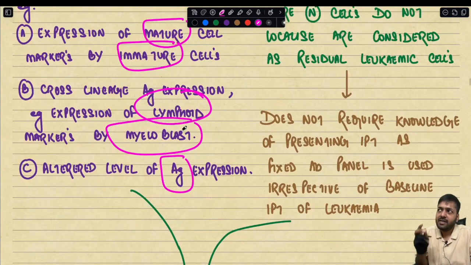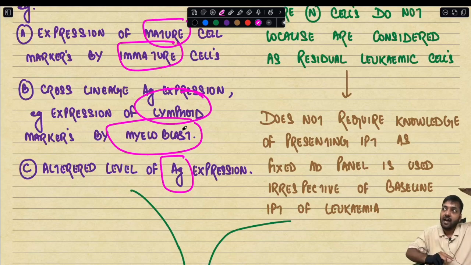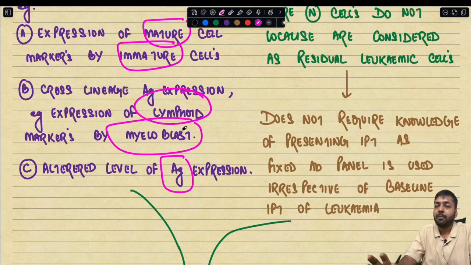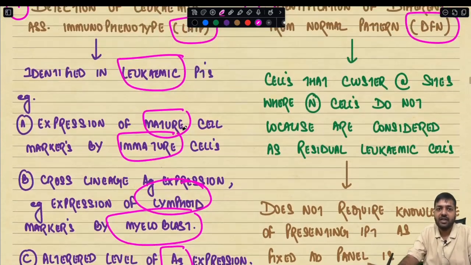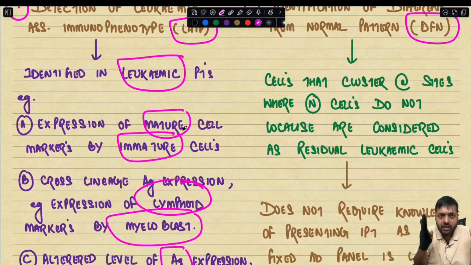Suppose a certain antigen expression is this much in a normal cell, but in leukemic cells the antigen expression is either very high or very low in comparison to the normal level. So this is how you measure leukemia associated immunophenotype.